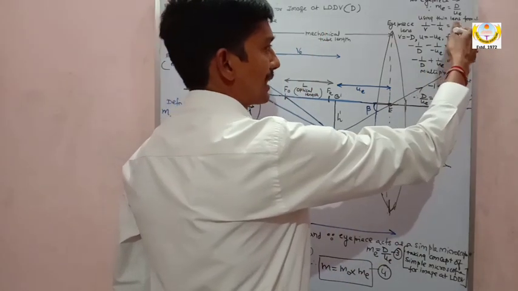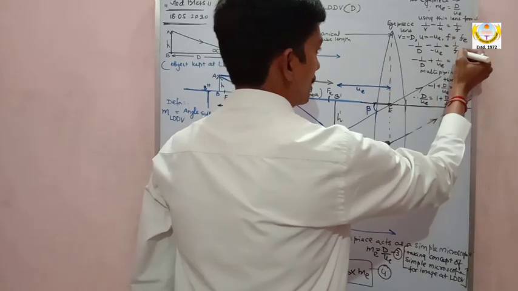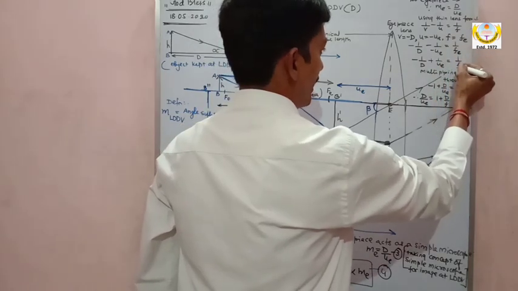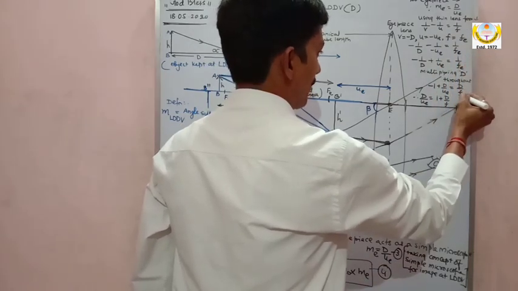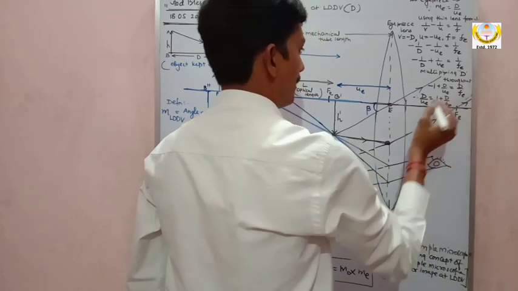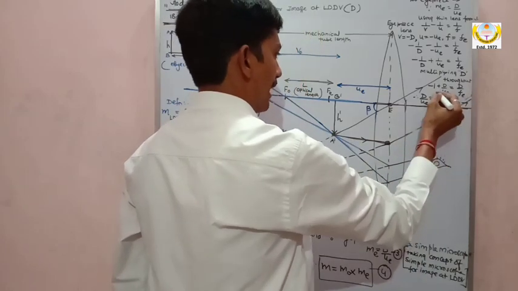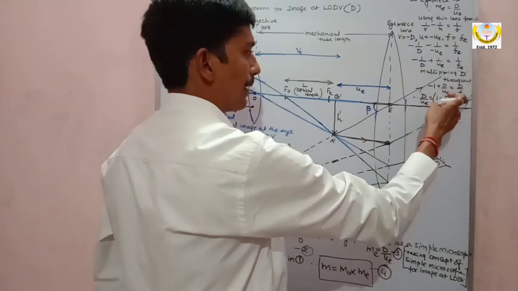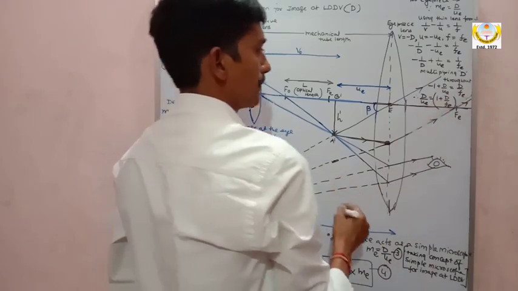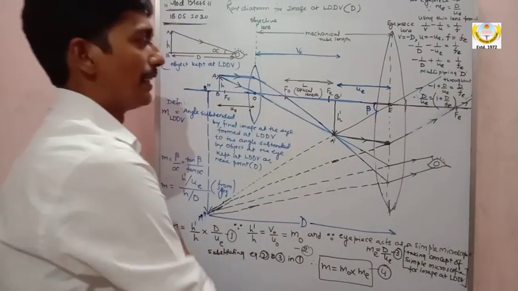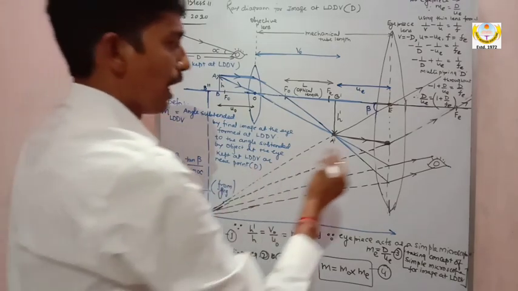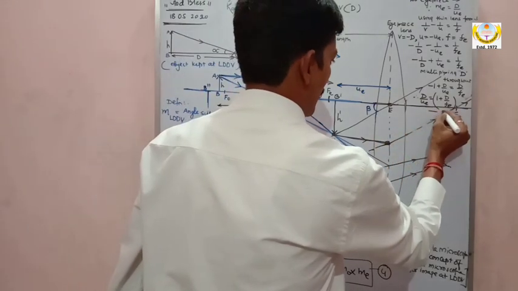Since it is a convex lens, it is positive only. So here it is FE, here also FE, and finally here also FE. So what answer did I get? I got D by UE as 1 plus D by FE. This is equation number 5.